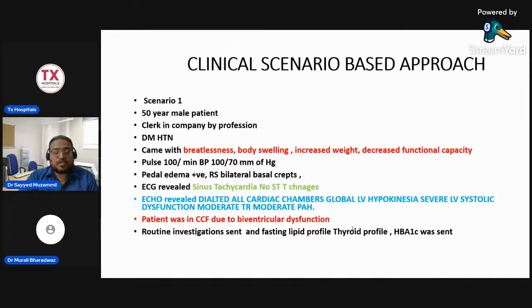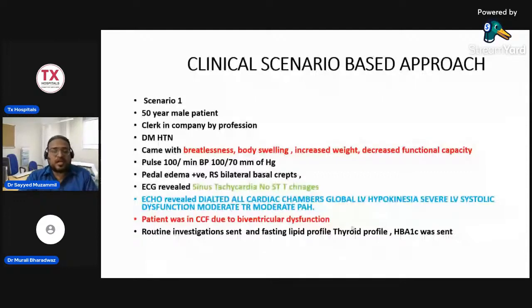The commonest cause of right heart failure is left heart issues. The same has happened in this patient. The patient developed first LV dysfunction, and that translated to the right side, and he developed RV dysfunction as well as moderate TR and moderate PH. So basically, this patient was in congestive cardiac failure with biventricular dysfunction.